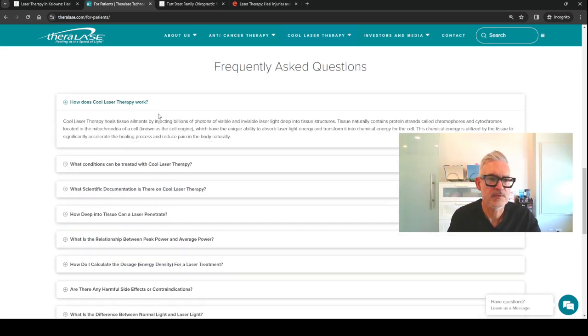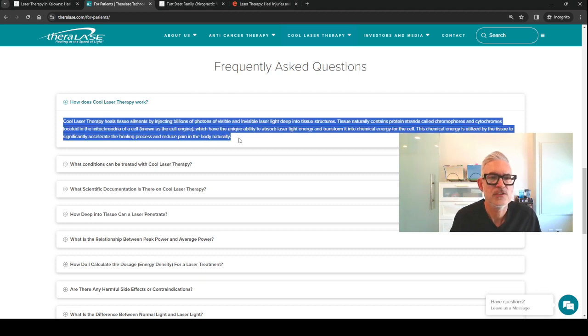Now, how does it work? Well, I'm just going to go over this right from their website at Theralase. Laser therapy heals tissues and ailments by injecting billions of photons of invisible and visible light into the tissue structures.